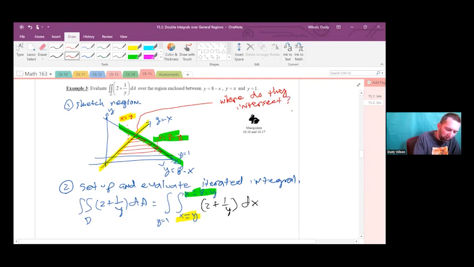We could set y equal to 8 minus y, so yellow equals green. Set the two equal to each other. That would be 2y equals 8, or y equals 4. So we're going to go from y equals 1 to y equals 4.